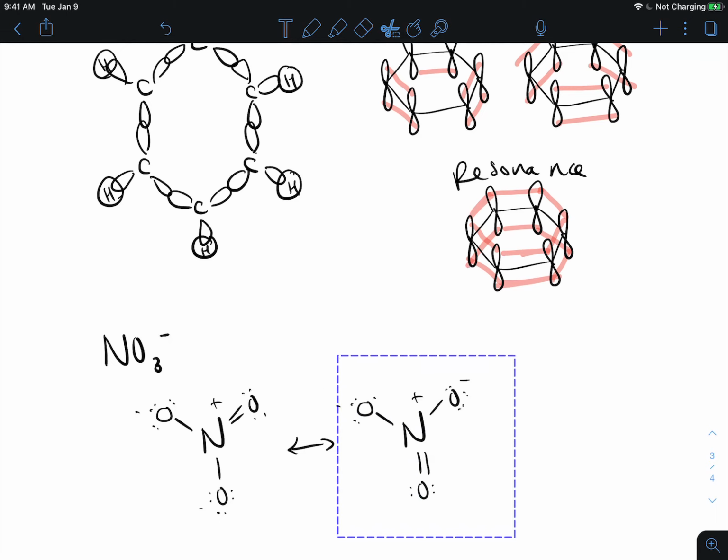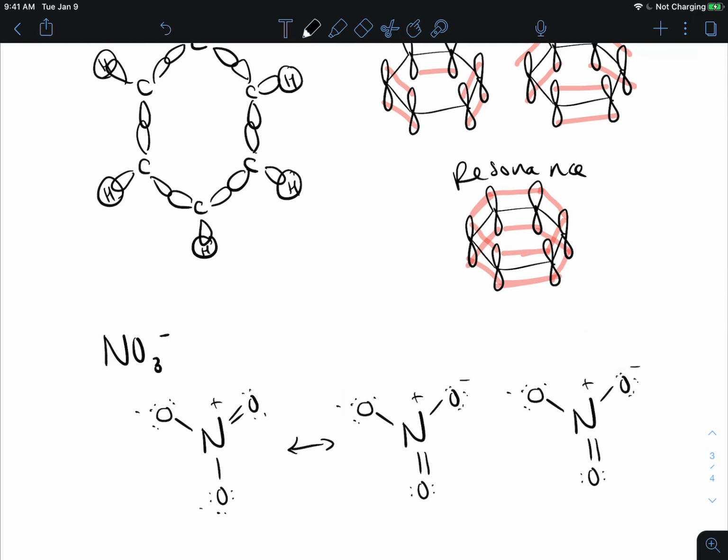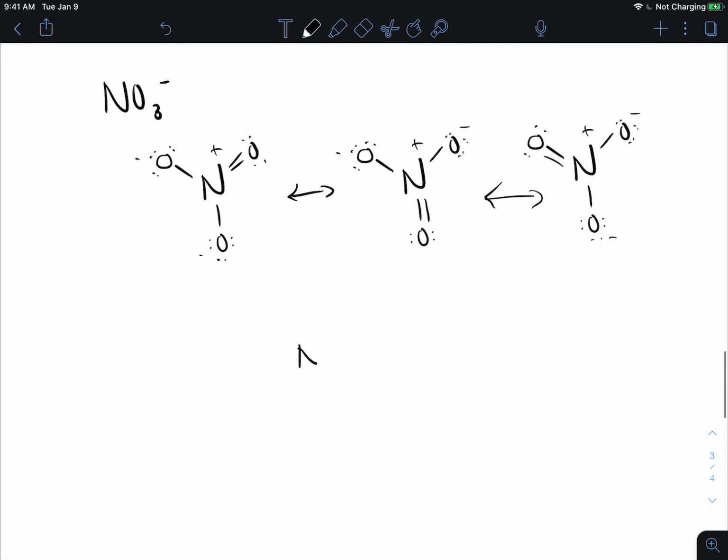And there we go. Our three resonance structures for NO3 minus, and then our hybrid would look something like this, where we've got those floating electrons or delocalized electrons moving from place to place.